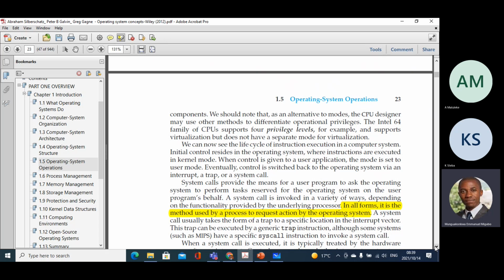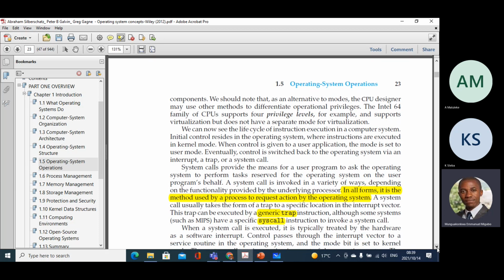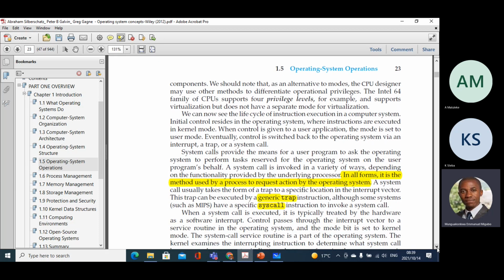So in general, system calls are executed as traps to the operating system, but there exist some special cases of computer systems that execute system calls by means of a special instruction that is often named syscall. It's very important to know the trap and the system call as keywords, because we use them as we do programming in C and apply concepts of operating systems.